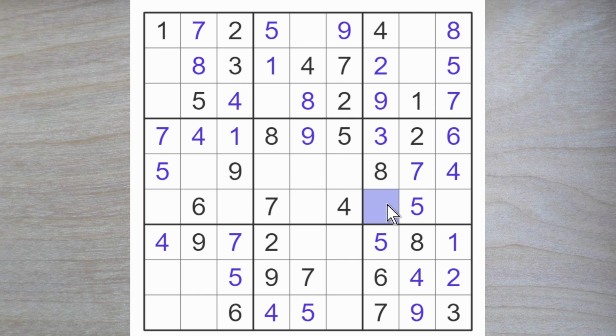Now we know that this square can only be a 1, and that makes this square a 9. The 1 blocks across, this 1 blocks down. We have a ghost 1 here blocking up. Here's a 1, and that makes this a 2. And therefore this must be a 2, so must this.